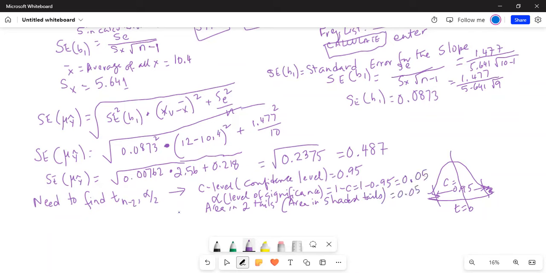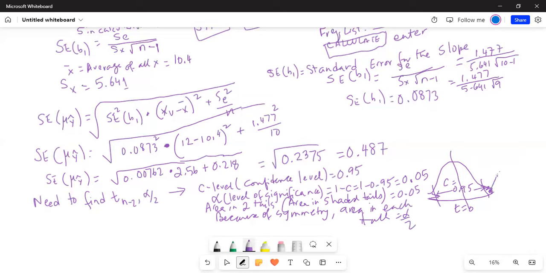Because of symmetry, the area in each tail is equal to alpha by 2.